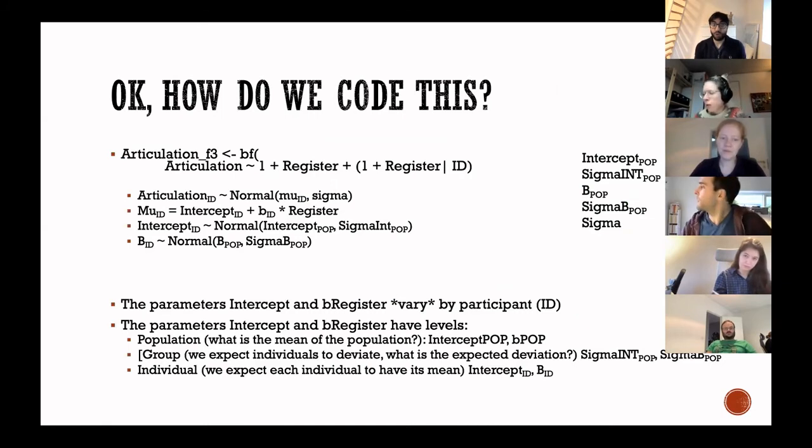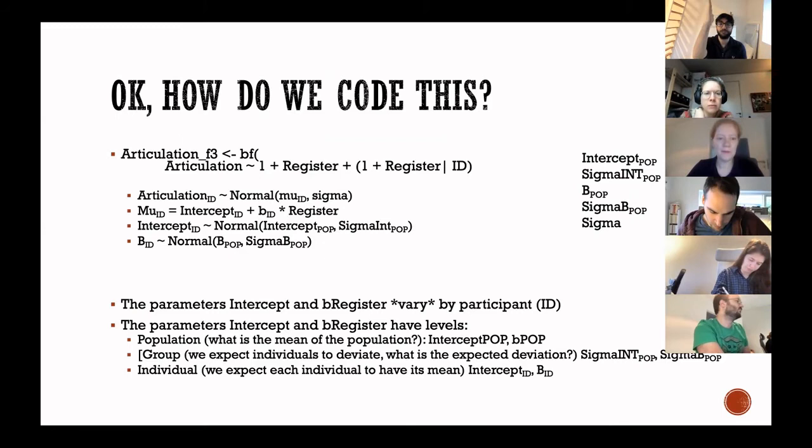What we do in BRMS code is we create a third formula where we have articulation as a function of 1 plus register, but then we say that 1 plus register can actually vary by participant: 1 plus register over ID. ID is the participant ID. We're saying that those parameters are actually allowed to be different in every single participant.